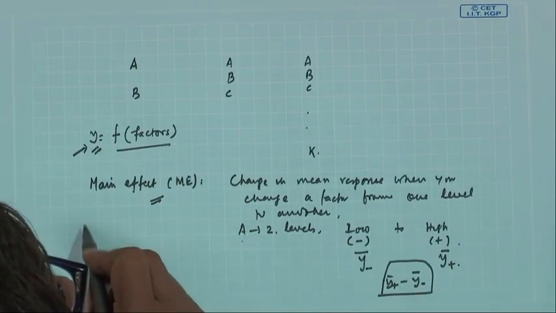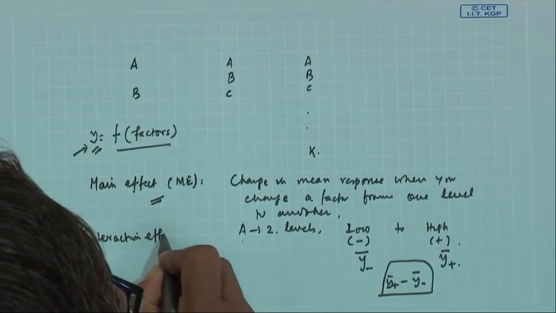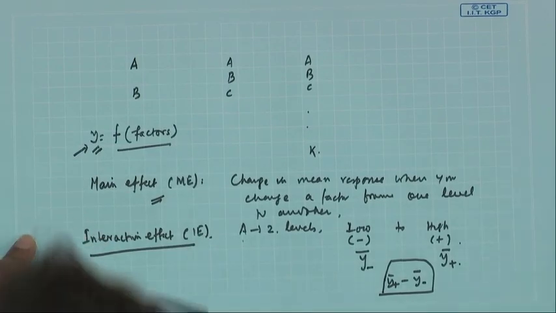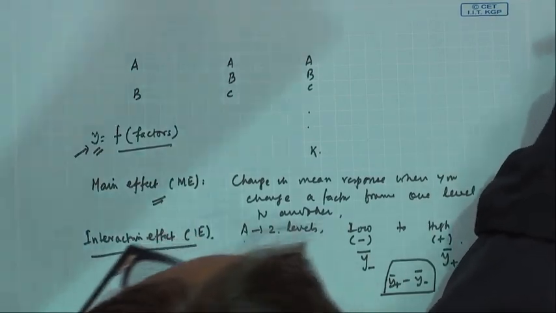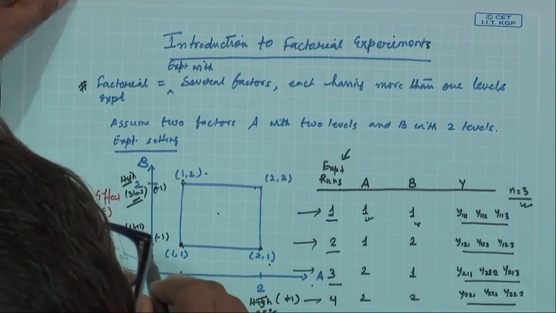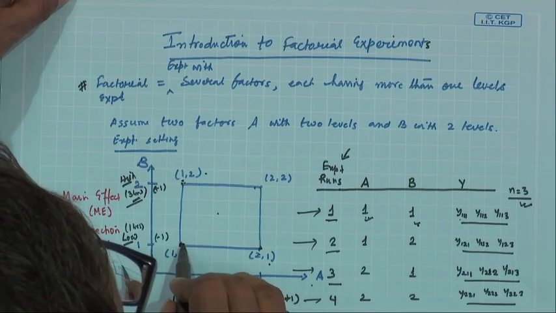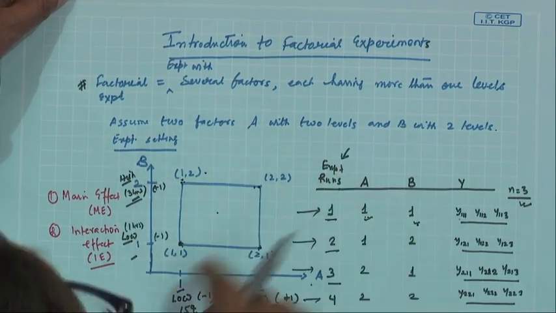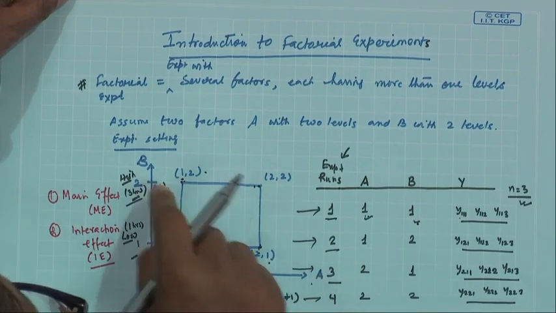Another one will be the interaction effect. What is this interaction effect? It is something like this. Suppose you keep both the factors A and B at the same level, like 1 1 or 2 2, both low or both high, and they can also be at different levels.